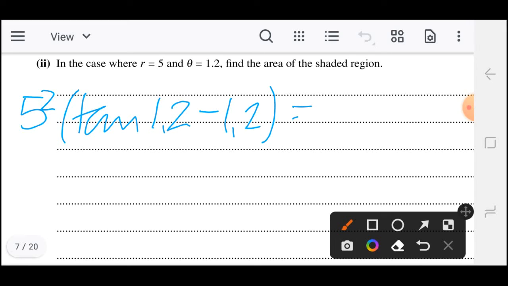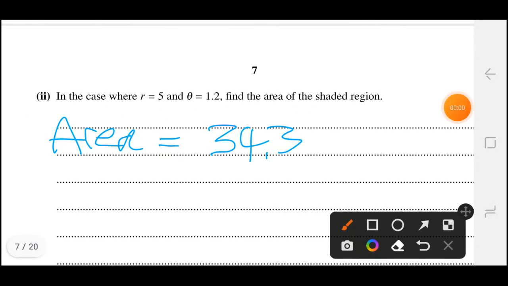Then we punch this into our calculators and we get 34.3. We are not given any units, so it's 34.3 units squared.